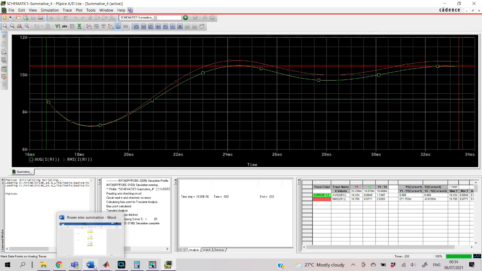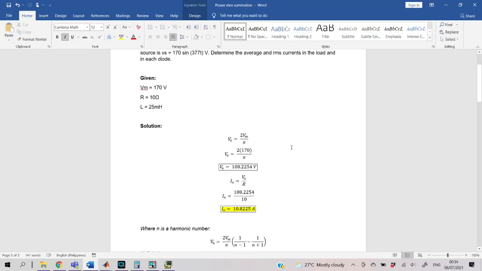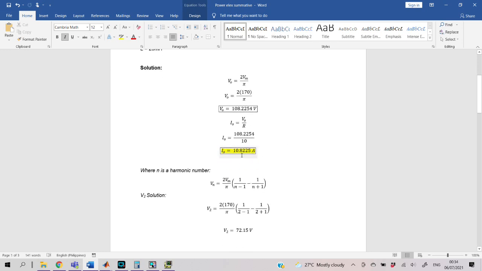By looking at our solved problem, which is here, our average current is 10.8225 amperes.